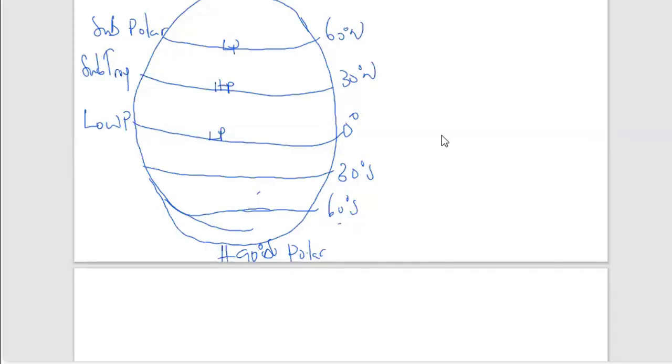And the same distribution happens to the south. We have subtropical to the south, and we have subpolar to the south. Then we have the polar. So because of high pressure and low pressure distributions here, there's high pressure, there's low pressure, there's high pressure here. Air is supposed to move from high going to low pressure, but we said the Coriolis effect is going to deflect the winds in a given direction.